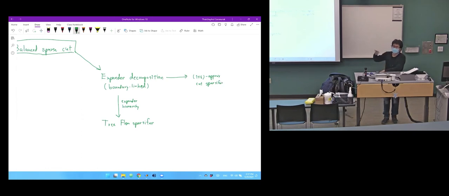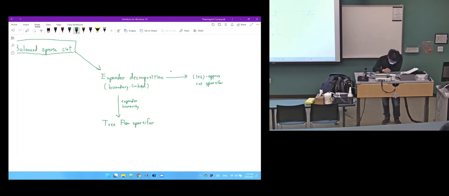This is an edge sparsifier. You give it a graph, and you want to find a graph that has a linear number of edges, like O tilde n edges, but preserves cuts.